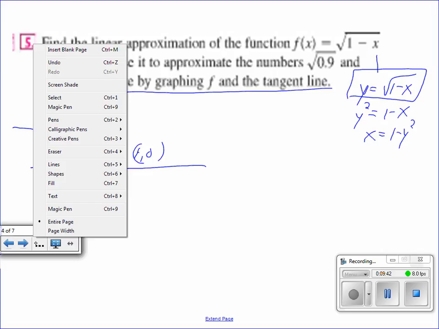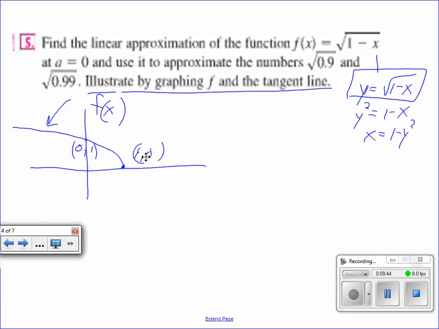So when you picture this thing, see if I can draw a good tangent line here. And all right, what do they want to know? They want me to find this tangent line. I'll call it L of x. And then they'd like me to use it to approximate the numbers 0.9 and 0.99.